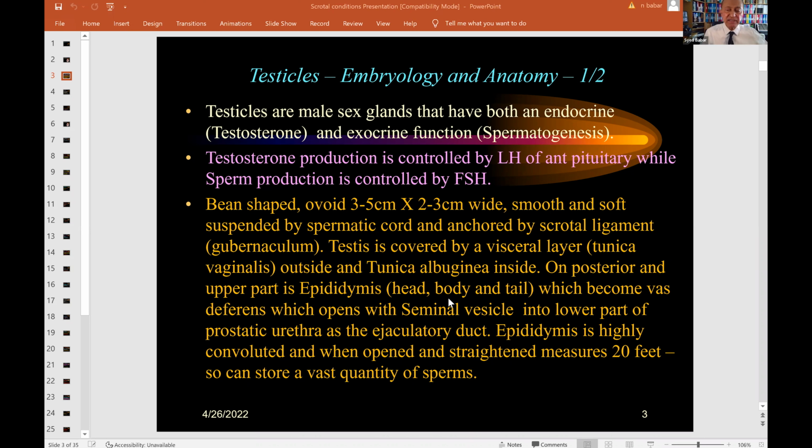Where the testicle stores its sperms in the epididymis or head of the epididymis, if the tubules are straightened out and stretched, they measure 20 feet. So all of it is a storehouse for various evolving spermatids.